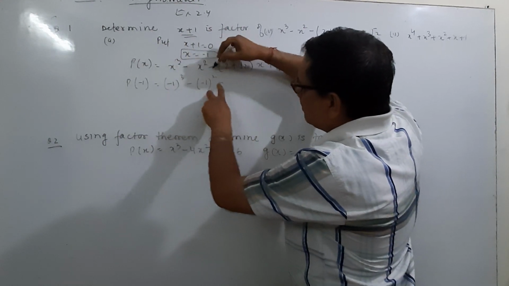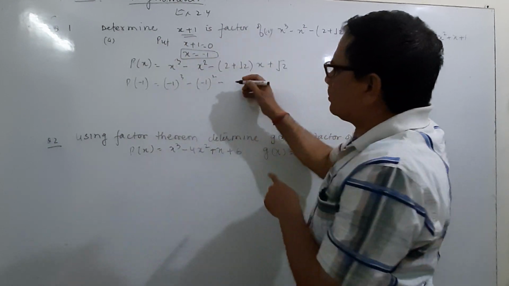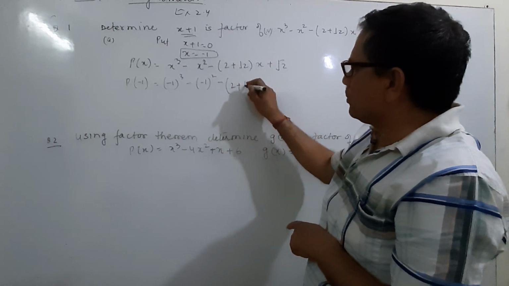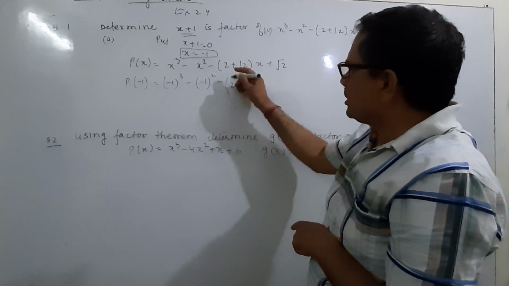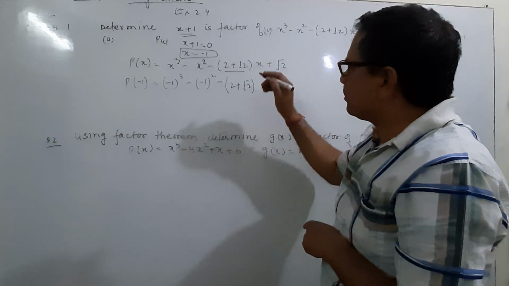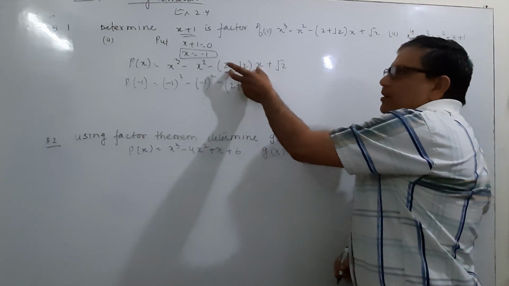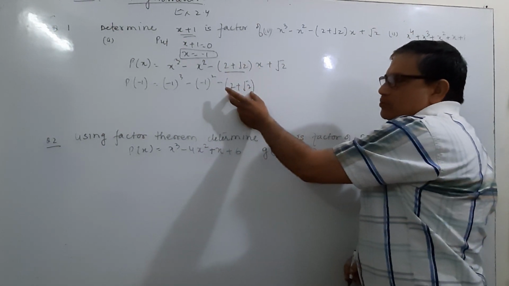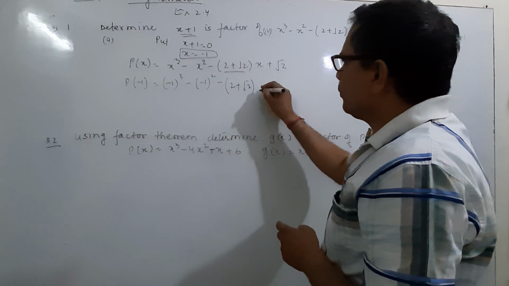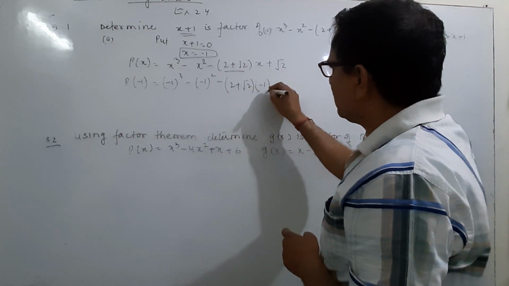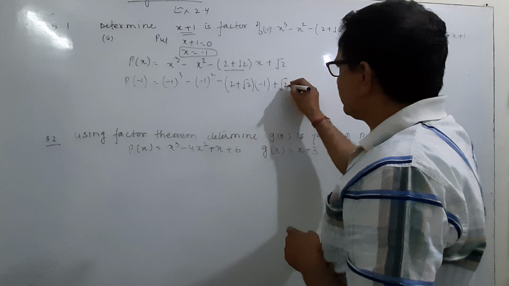Minus 1 cube minus minus 1 square, minus the same bracket (2 plus root 2), multiplied to x. Both are multiplied to each other. This (2 plus root 2) is multiplied to minus 1, plus root 2.